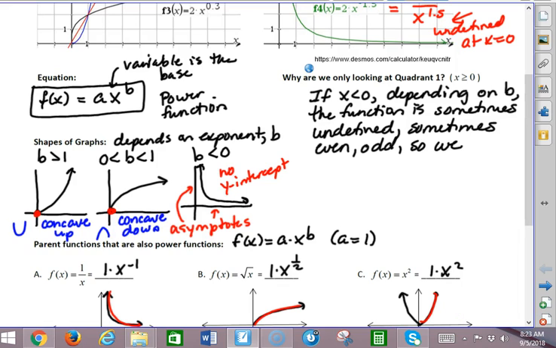So we just look at quadrant 1. And you're going to find out that when we're talking about power functions, we're usually talking about using them as mathematical models for something, and that's usually more appropriate for x greater than 0 anyway.